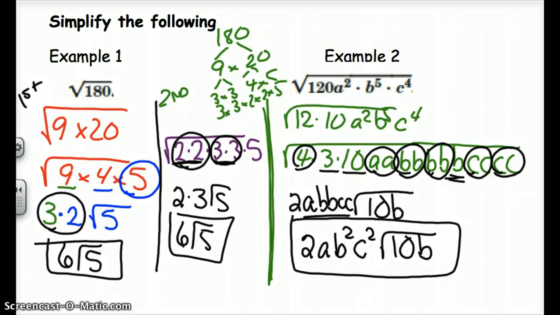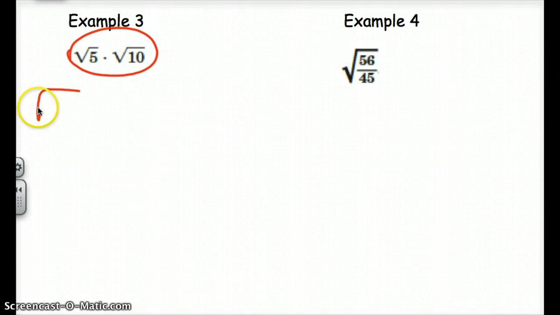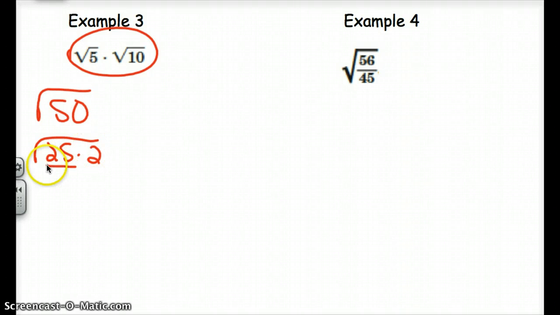Okay, let's go on to the next example. All right, I have root 5 times root 10. If you want, one way you can do it is you can multiply these together and get root 50, break it down into perfect squares, 25 and 2. Square root of 25 is 5, root 2.